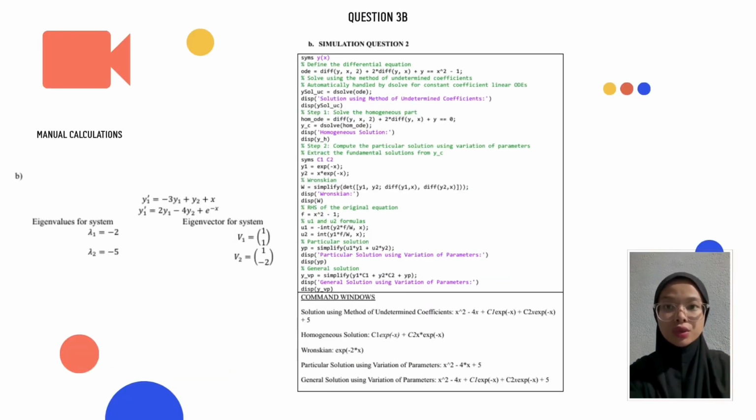In question 3b, we deal with a non-homogeneous system. Manually, we solve the homogeneous part first by finding the eigenvalues and eigenvectors. Then, we use the method of undetermined coefficients to assume a form for the particular solution and solve for unknown constants. After that, we combine both the general and particular solutions and apply initial conditions to find the final answer.